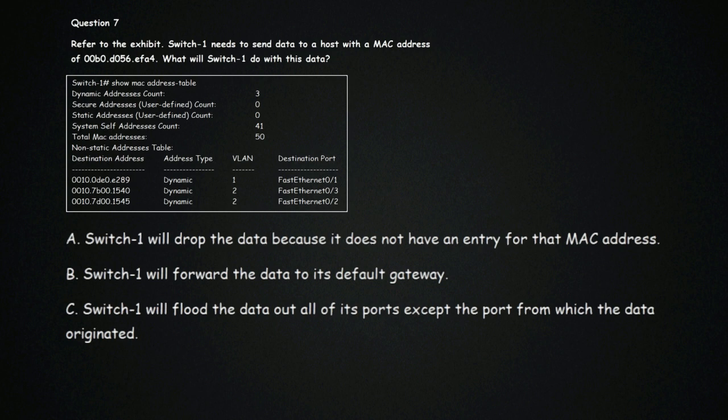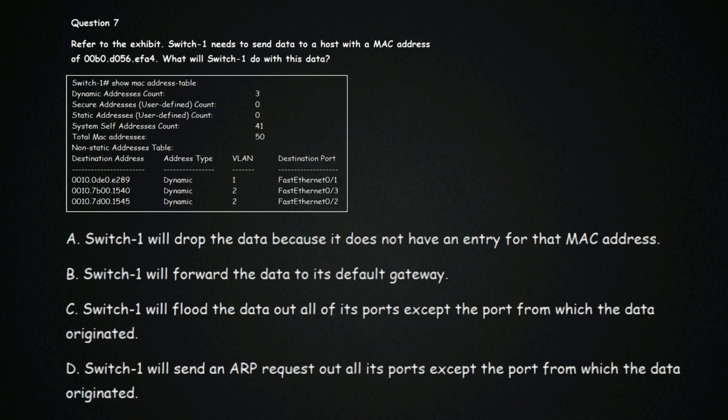C. Switch 1 will flood the data out all of its ports, except the port from which the data originated. D. Switch 1 will send an ARP request out all its ports, except the port from which the data originated. Answer is C.